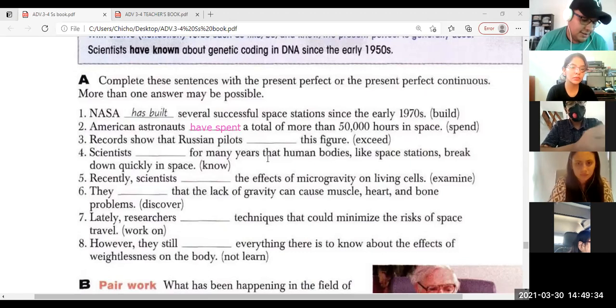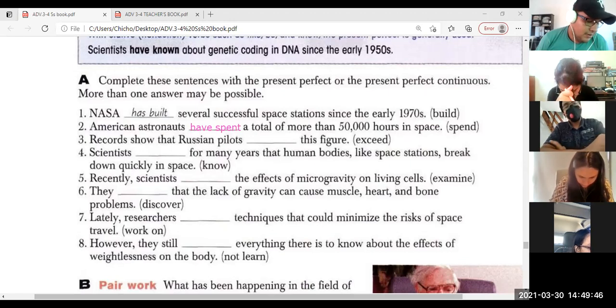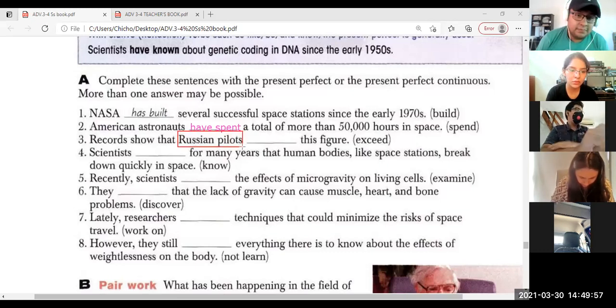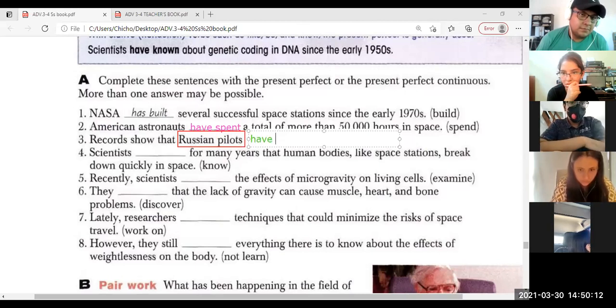I have has exceed. Has? Yes. Why has? What is your subject here, Franz? Russian pilots. Yes. So why did you use has? If we have pilots, they, right? Again, please. Had. I wrote had.